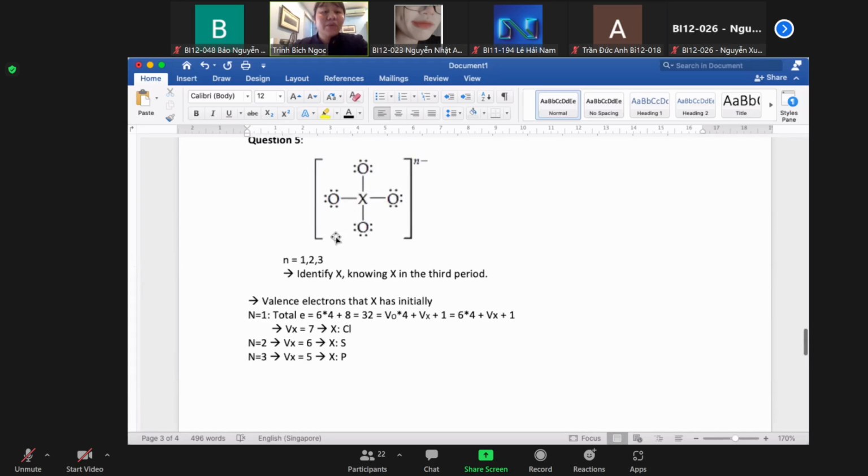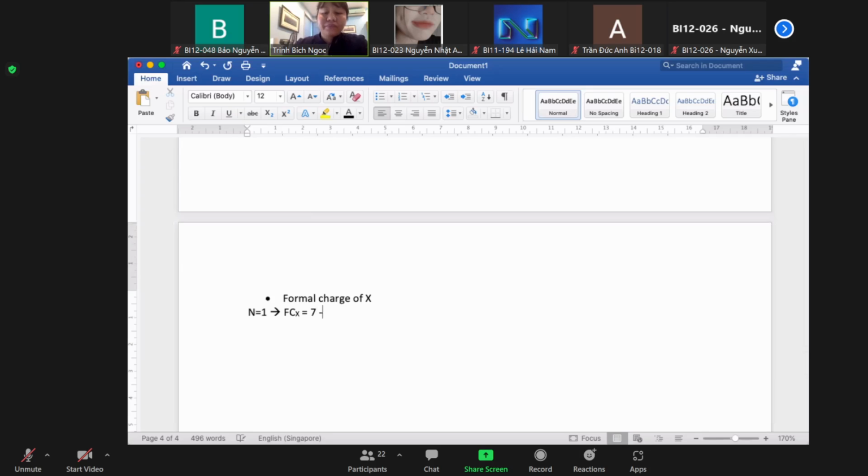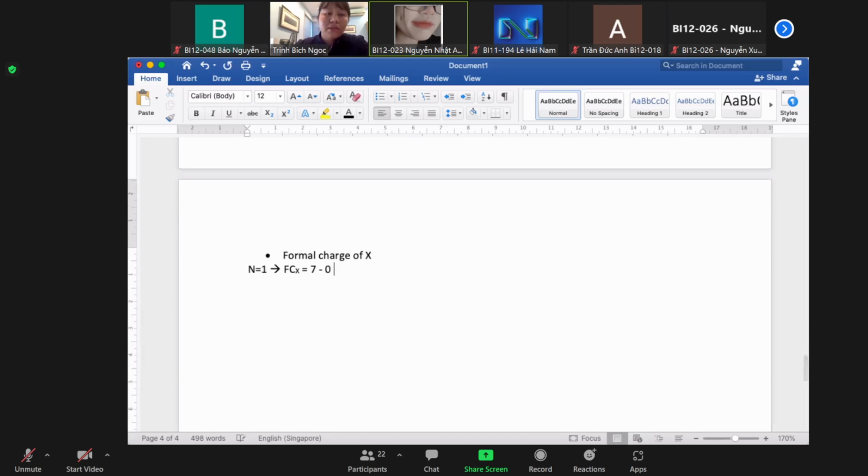So the formal charge will be 7 minus how many non-bonding electrons surrounding X? Not participating in bonding. Are there any dots around X? No, there are not.